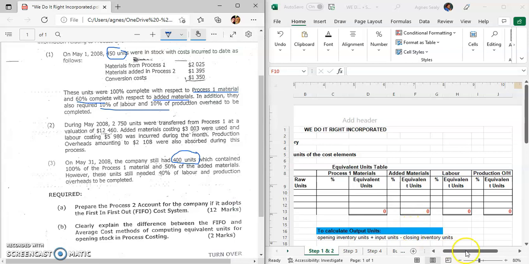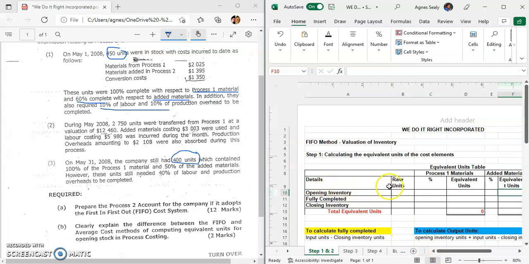So our cost elements in this question would be process 1 material, added material, labor, and production overhead. Remember, we can also say conversion costs here, because labor and production overhead combined is our conversion cost.